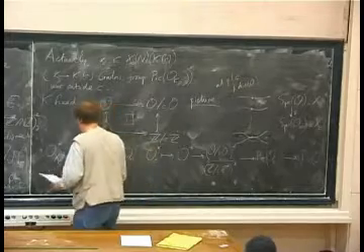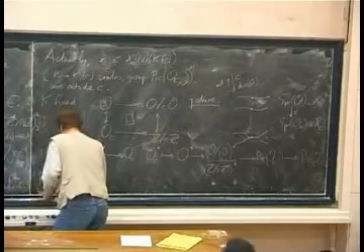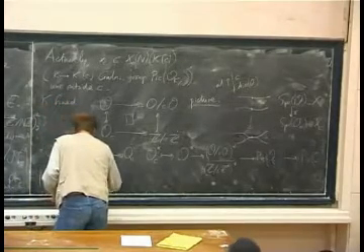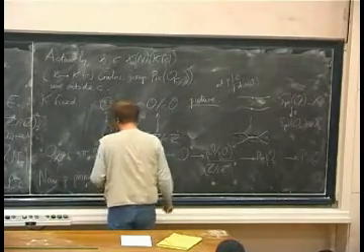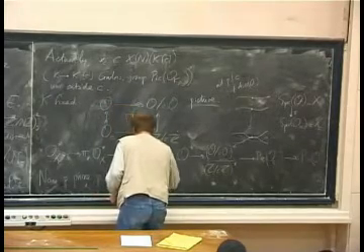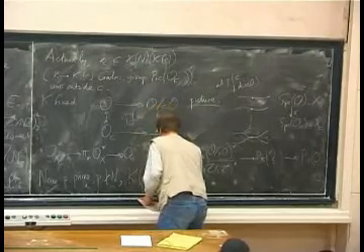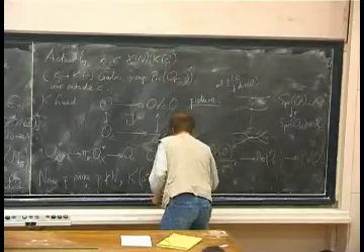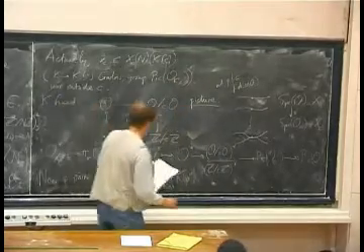So now we're going to take a prime. Now let P be a prime, P not dividing n. And we're going to look at the field K_{P^infinity}, which is the union over all n of K_{P^n}.